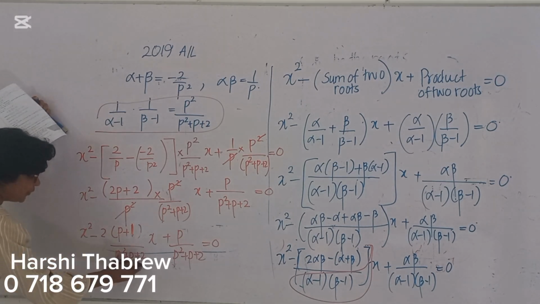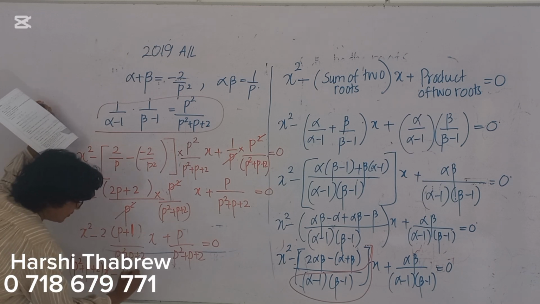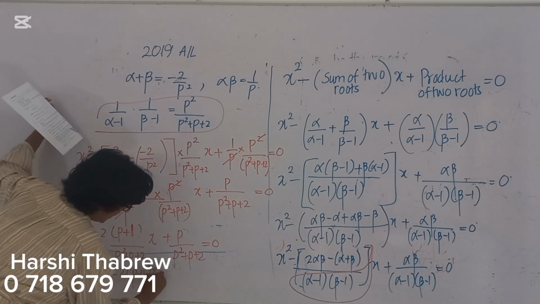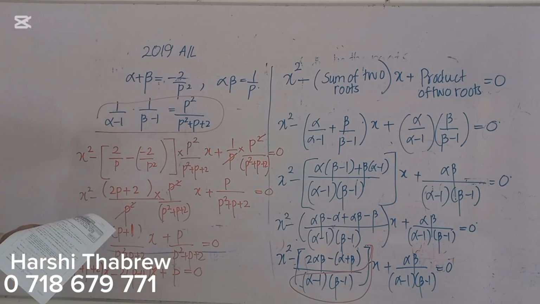Then you can multiply the whole equation by the denominator of that. So it becomes p squared plus p plus 2 times x squared minus 2 times p plus 1 times x plus p equals 0.